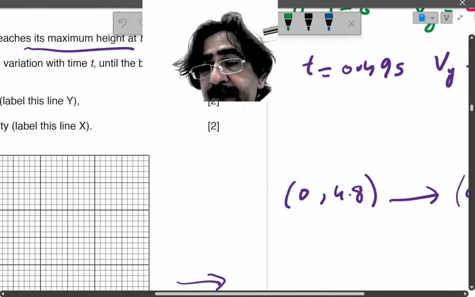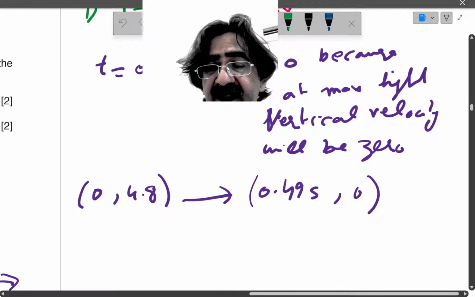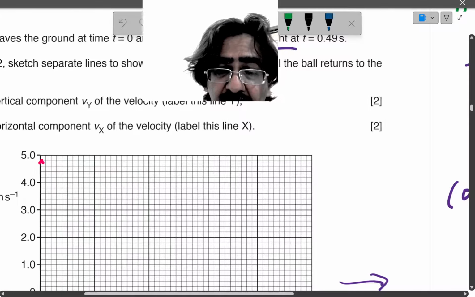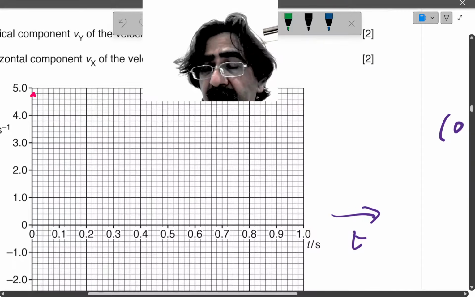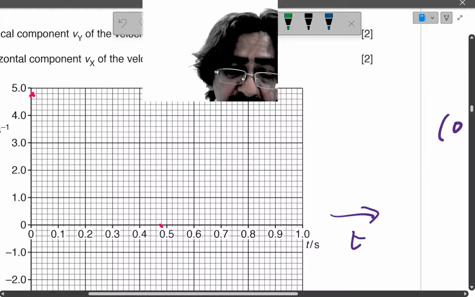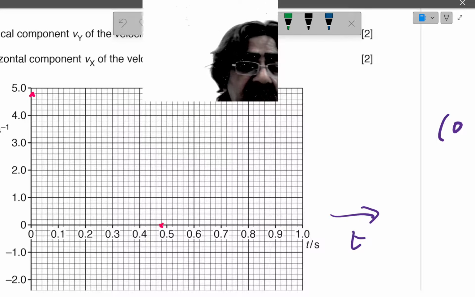The second point is along the x-axis, the value is 0.4 second, and the final vertical velocity is 0.